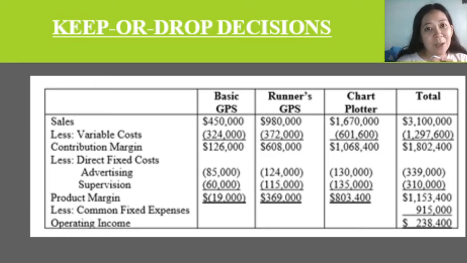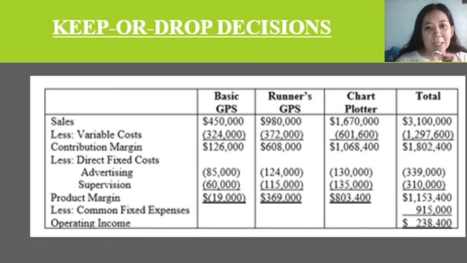That's why they consider it to be closed or shut down or dropped. While for the runner's GPS and chart plotter, it shows a positive product margin of $369,000 and $803,400. So that's why they will keep these two other products, because it has a positive profit margin.